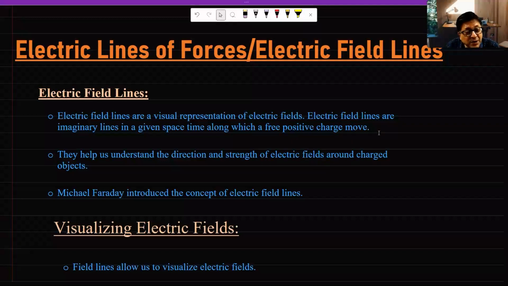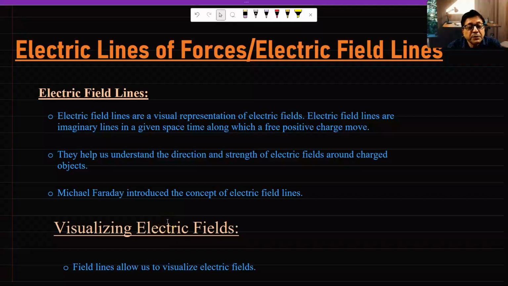So, field lines are imaginary lines along which a free positive charge can move. They help us understand the direction and strength of the electric field around charged objects, and Michael Faraday, the genius, introduced the concept of electric field lines.